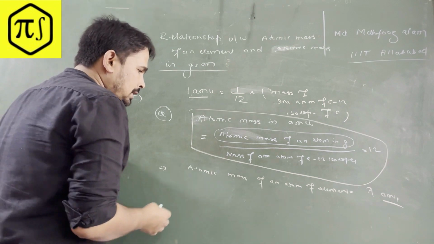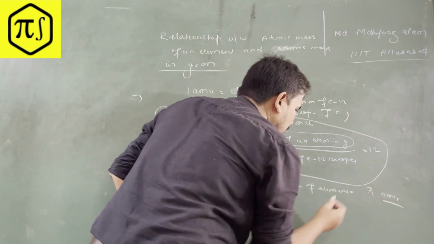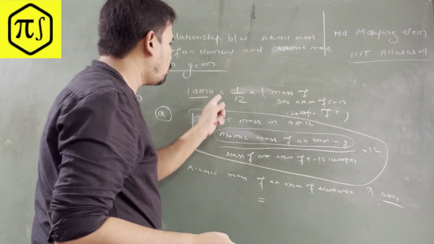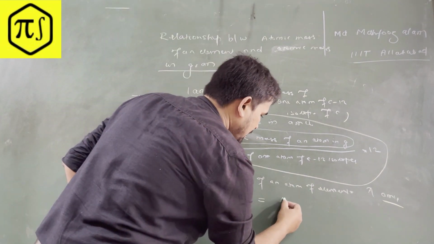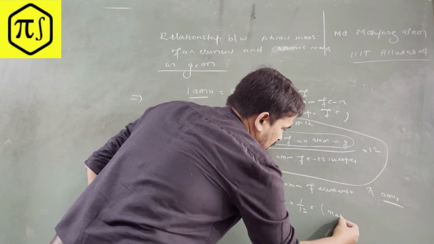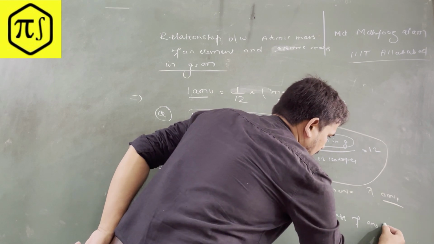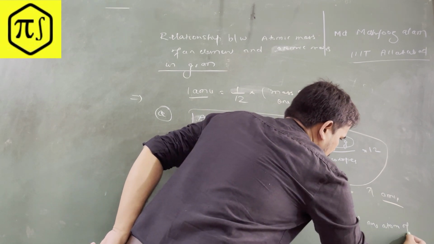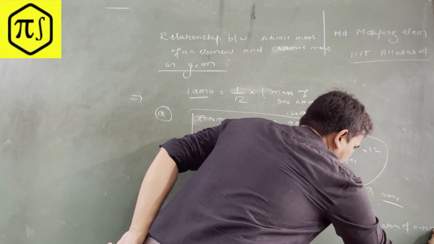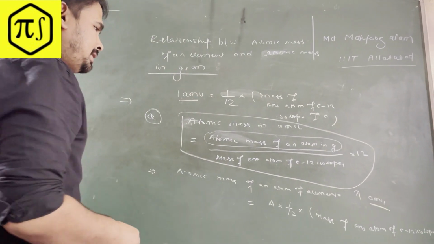So we'll write down, this will be AMU, right? So it will be equal to, in gram, how much? 1 AMU is this one, right? So you write it this way: 1 by 12 into the mass of one atom of the C12 isotope, right?